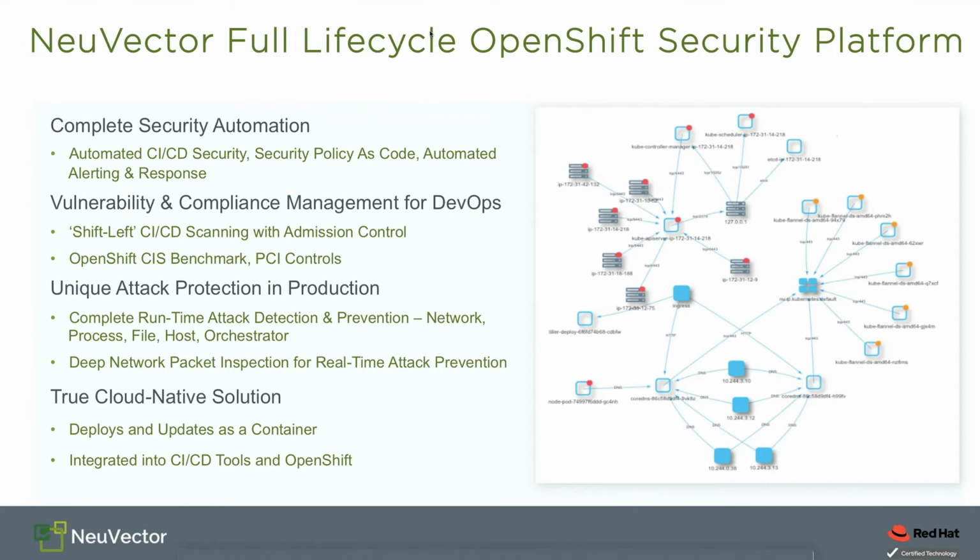And we also have a very deep network packet inspection that allows you to look for data leaks, such as credit cards, social security numbers, patient journal numbers, etc. All stuff that you will need to make your environment PCI compliant. And then finally, it's a true cloud-native solution, so it deploys and updates as any other pod will. So NeuVector in itself is just a pod that sits on every node, and it's deeply integrated into both OpenShift as well as a variety of different tools here.